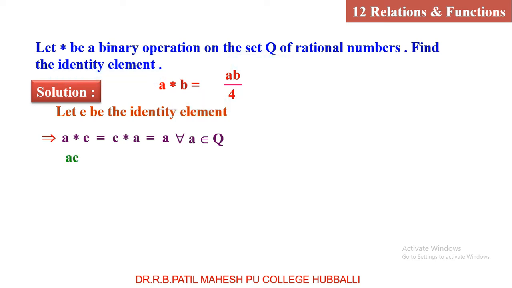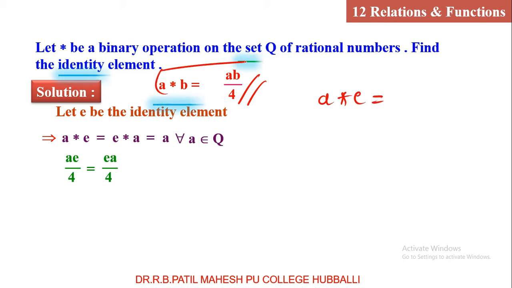I am applying A star E, that is AE by 4, and E star A, applying the definition, that is EA upon 4. I am just taking A star B as A star E. A star B is AB upon 4. Then A star E will definitely be AE upon 4.